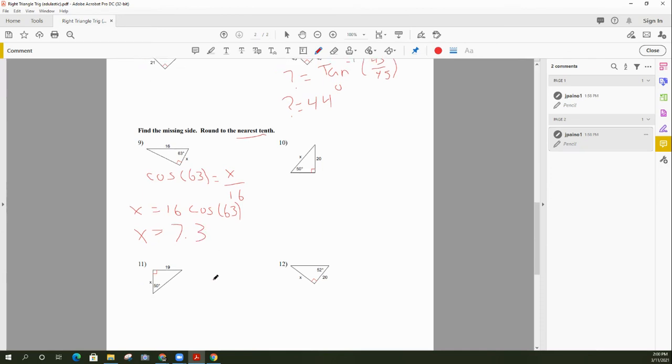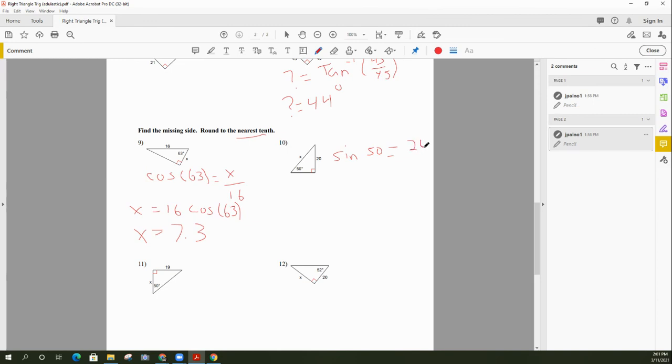All right, we'll do one more here. 11 is going to be tangent. 12 is going to be tangent again. Do we have any sines here? Let's go. 10 is a sine problem. We've got sine of 50 degrees equals opposite over hypotenuse.